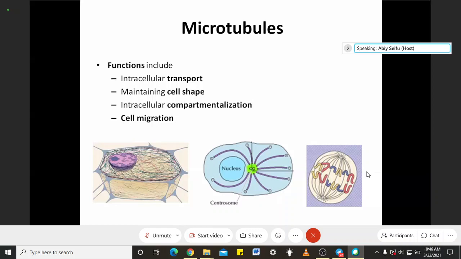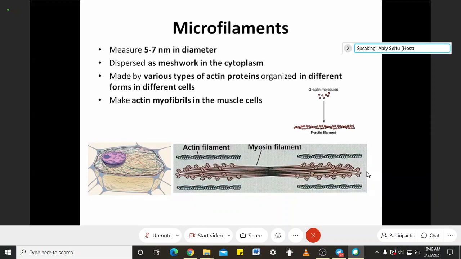These mitotic spindles, which are needed during cell divisions, are nothing but microtubules. Then we have another filamentous protein. These filamentous proteins are much thinner than microtubules. You remember I said microtubules are about 24 nanometers in diameter, whereas microfilaments are only about 5, 6, 7 nanometers in diameter.